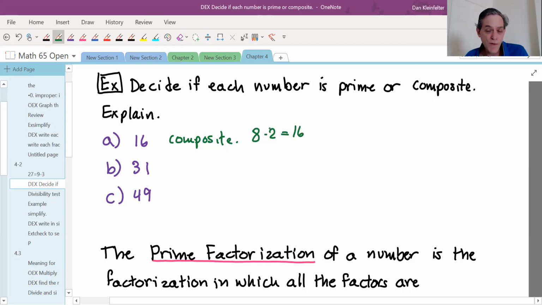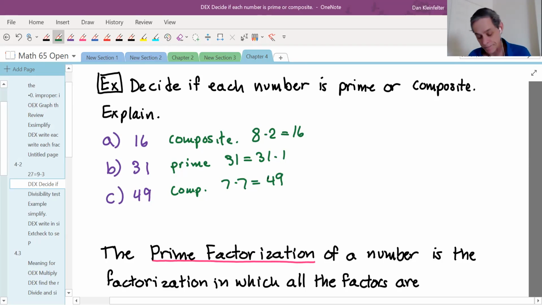If you said 4 times 4, then you're also right, as long as we have something to say besides 16 times 1. 31 is prime because 31 is only 31 times 1, and there's no other way to arrive at 31 by multiplying whole numbers. 49 is composite, and that's because it is 7 times 7. So that makes it composite.